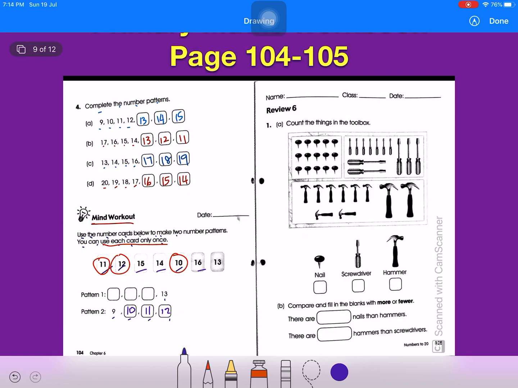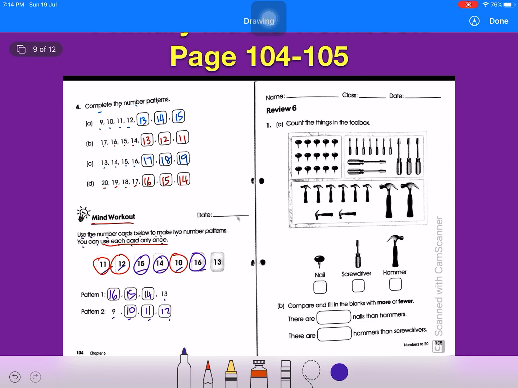And then pattern 1 will be 13, count on, 13, 14, 15 and then 16. That means we will use 14, 15 and 16 to complete pattern 1, and we use 10, 11, 12 to complete pattern number 2. I don't know why I cannot write.